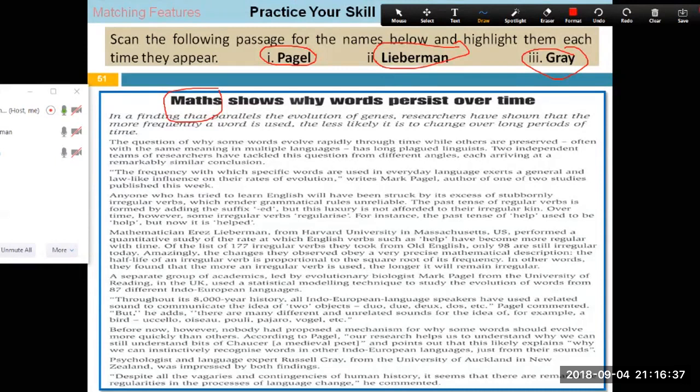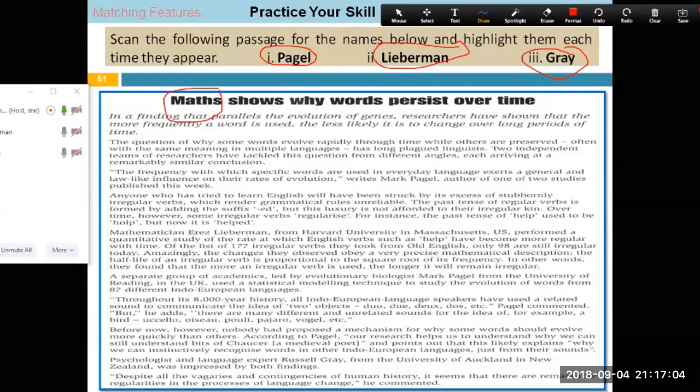But you can say coincidentally both of these studies resulted in the same conclusion. In one of the studies there was a person, his name was Lieberman. He was studying some regular verbs of English.